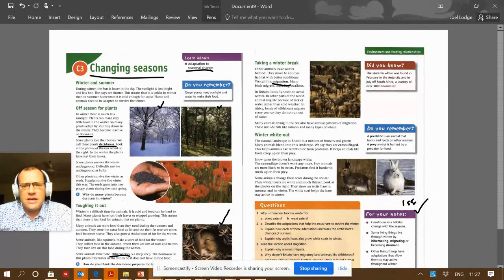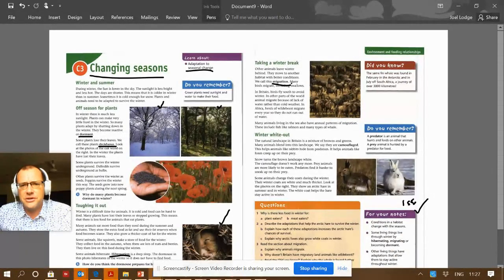Migration. If there's an area where resources become very low in the winter, like in this image, you can see there's not a lot of food, it's very cold, organisms can migrate. Birds are very good migrators because they can fly large distances. Swallows, for example, move to another habitat with better conditions.